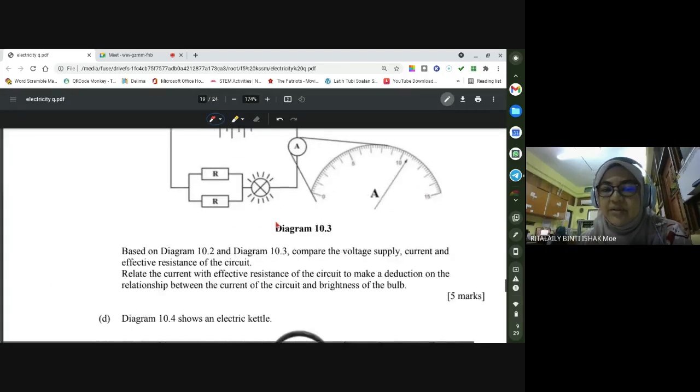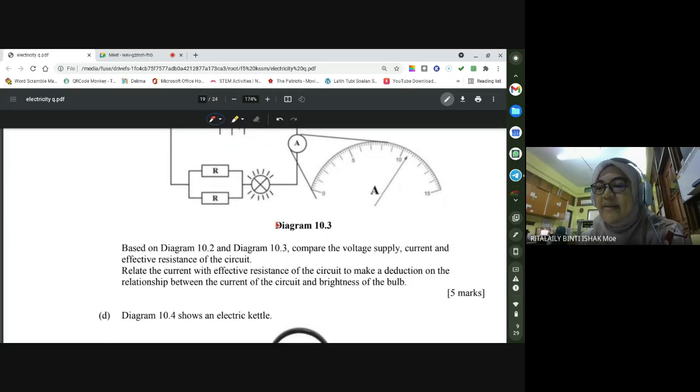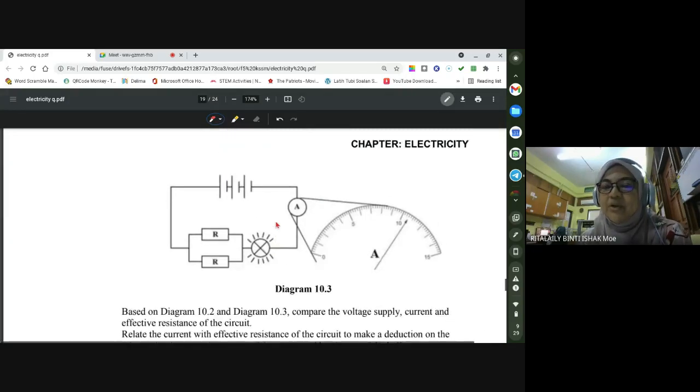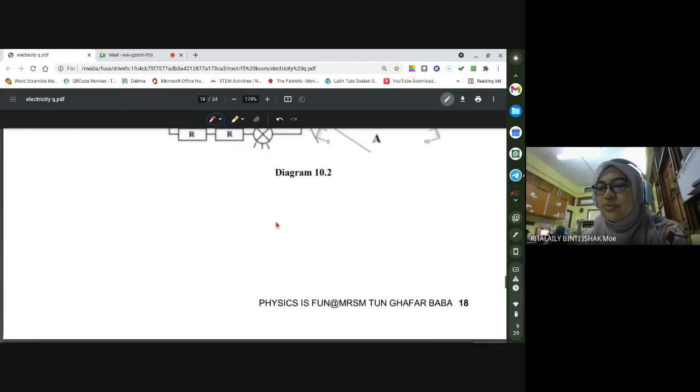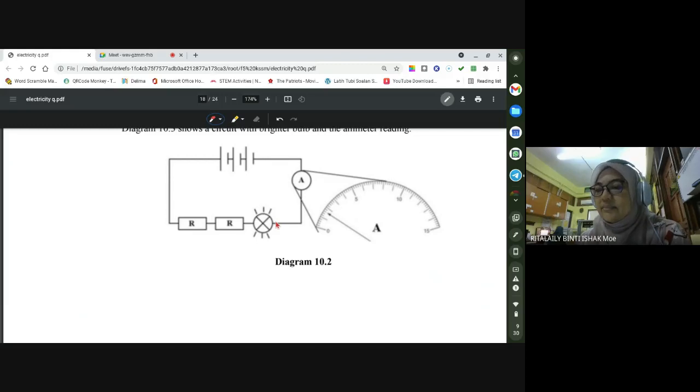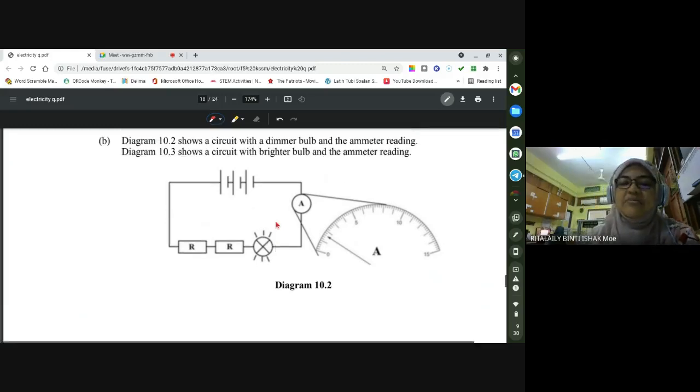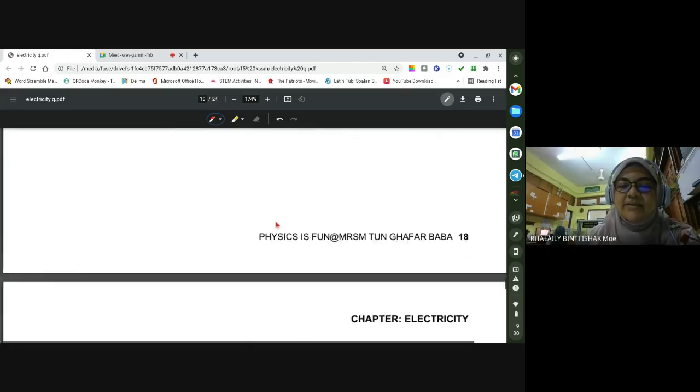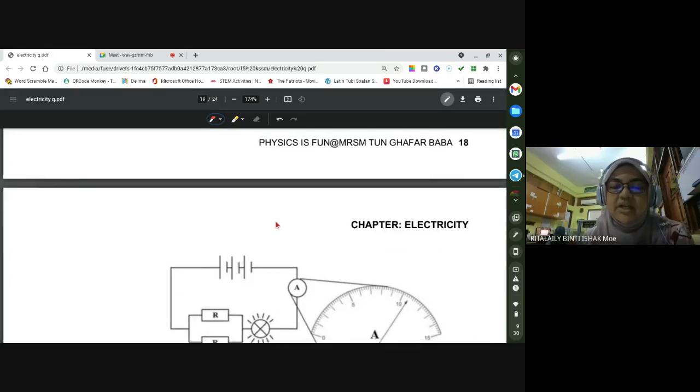How do we know that the voltage supply is the same? Which part do you refer to? Okay, the number of batteries. Both diagrams have 3 batteries arranged in series.